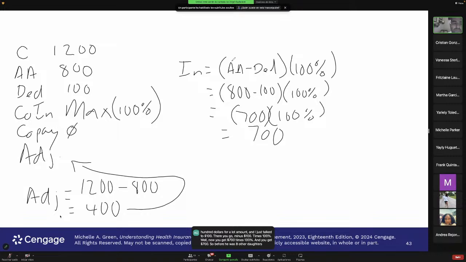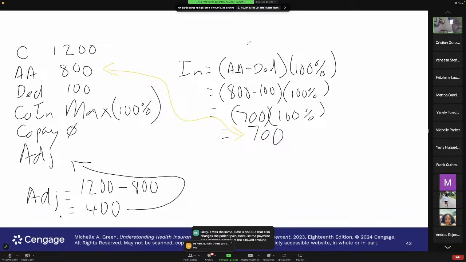Before, because the deductible was 0, the payment was the same as the allowed amount. Here it's not. That also changes the patient payment, because the payment is 100% of the allowed amount minus deductible.